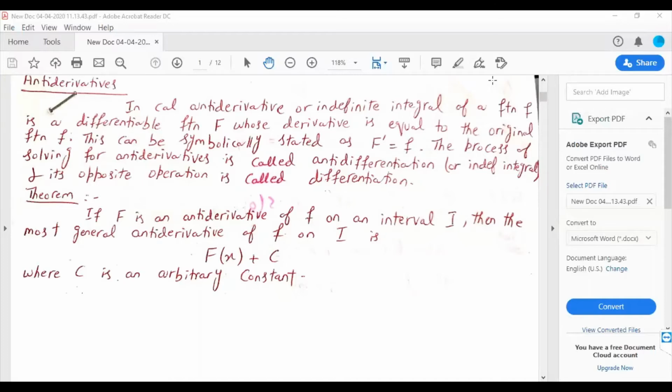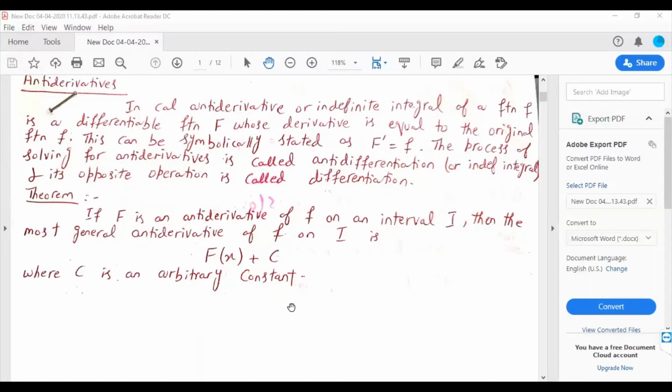More generally, there is a specific result too, which is basically: if capital F is an antiderivative of f on an interval I, then the most general antiderivative of the function on the interval I is capital F of x plus c, where capital F of x is an antiderivative of the function small f and c is an arbitrary constant.